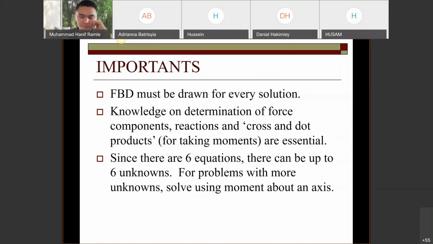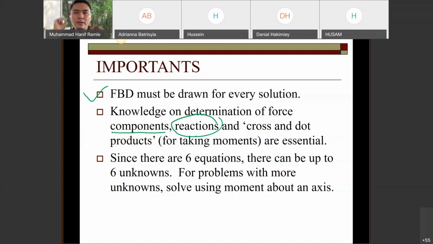Number 2. Knowledge of determination of force components, reactions, and cross and dot product for taking moment is essential. Yes, force components and reactions are the important ones. How many reactions are involved in this system? What kind of directions?